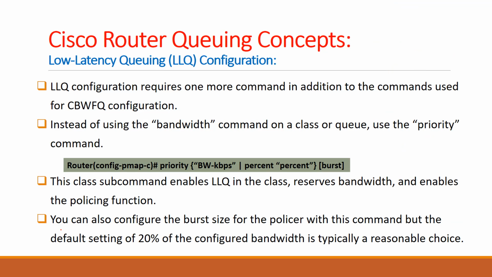Here we will discuss the low latency queuing configuration. It is exactly or almost exactly the same as weighted fair queuing, except instead of bandwidth, we will use priority. So LLQ configuration requires one more command in addition to the commands used for class-based weighted fair queuing configuration.